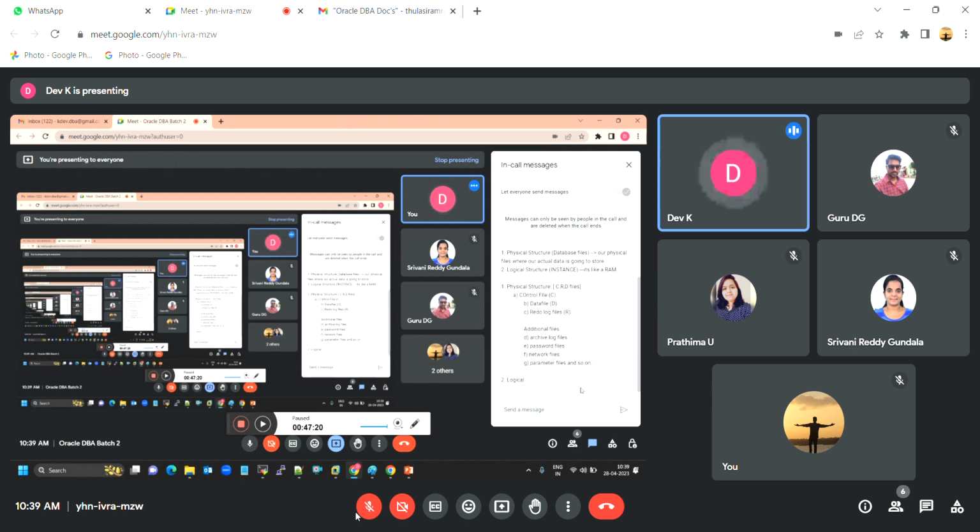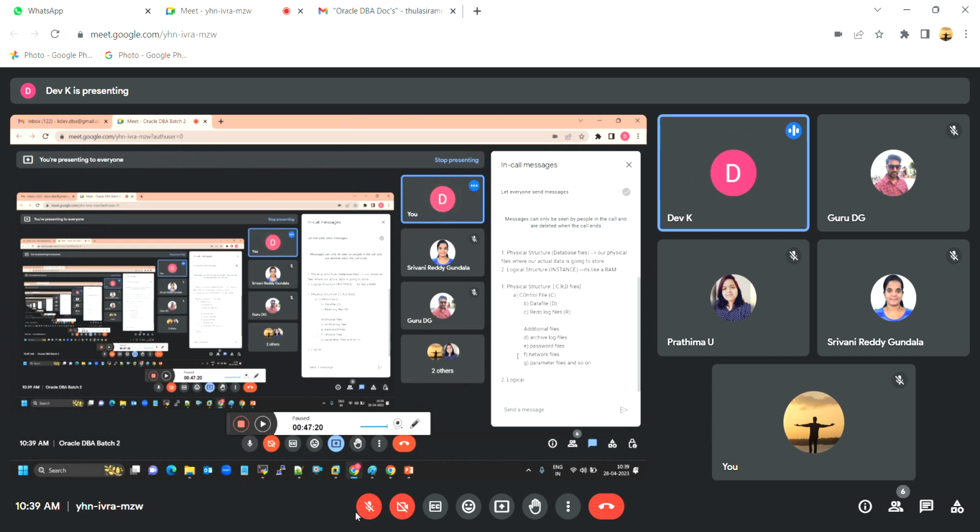Similarly for background processes, you have to tell the mandatory ones: SMON, PMON, archiver, log writer, DB writer, checkpoint. And additional background processes like LMON, MMON, RECO, and so on.